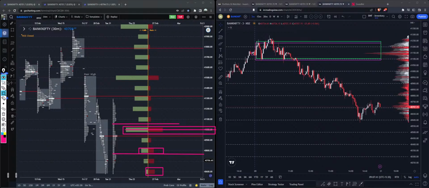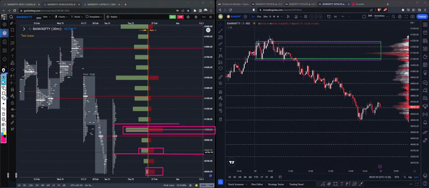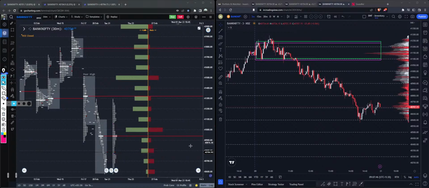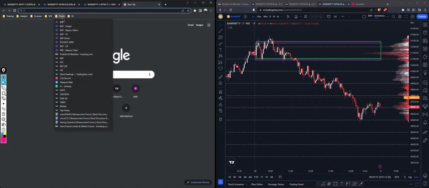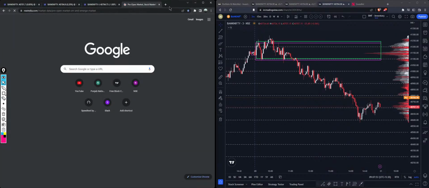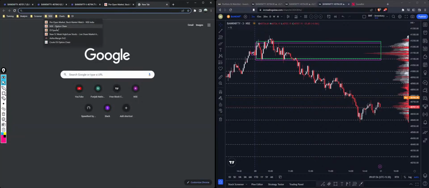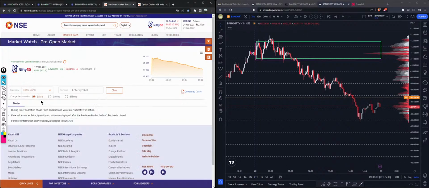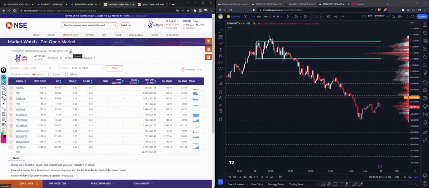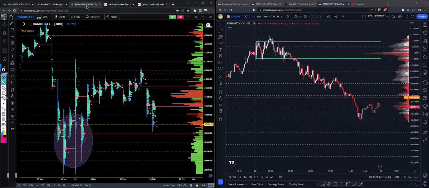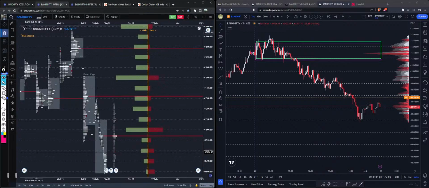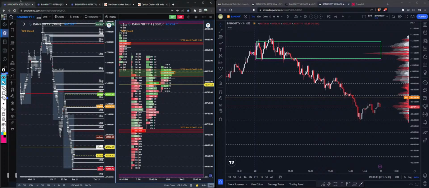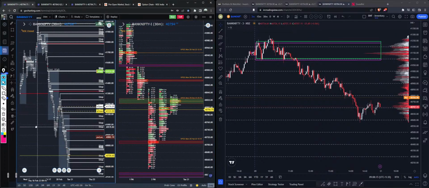Okay, so the pre-open data is out. Let me open that chart. So we are opening at 4784. 4800 is what I shared, which I'm looking at, and there is a single print zone there. So let me mark that level.